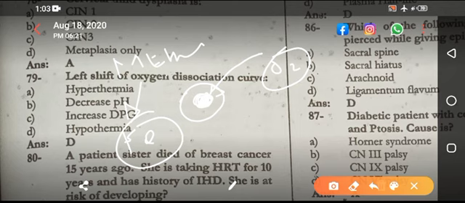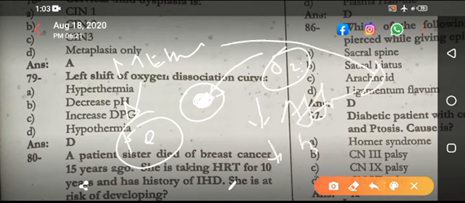If the valency of the iron is changed, it cannot bind with oxygen. If it cannot bind with oxygen, what does it mean? It means there is decreased affinity, decreased bonding. So it would cause the right shift.